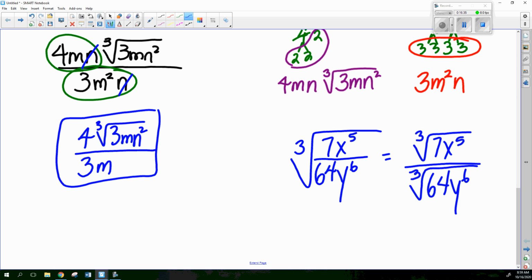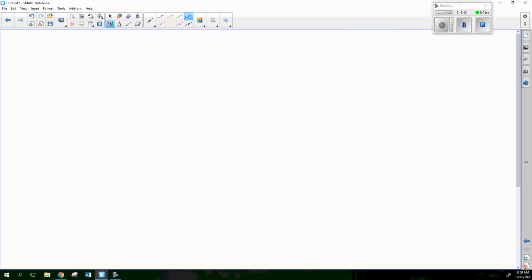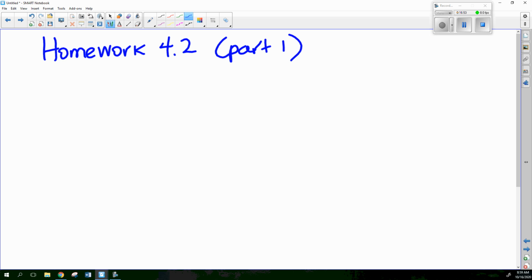All right, so go ahead and label it and make sure you have room. If you want to start a new page, you're more than welcome to do that. This is just the first half of homework 4.2. So you can call it 4.2 part 1 if you want. Okay? And these are all division problems so that you can do some practice.